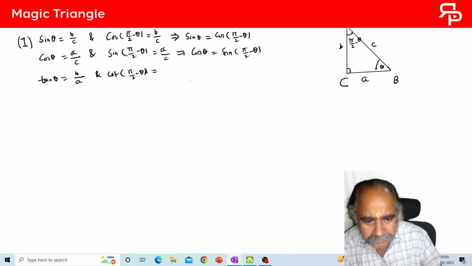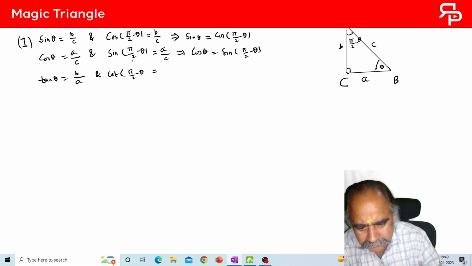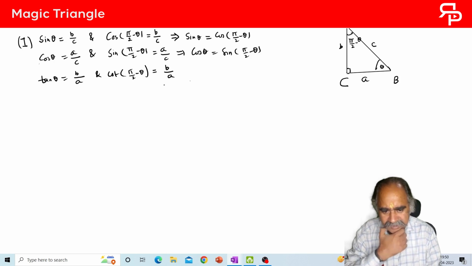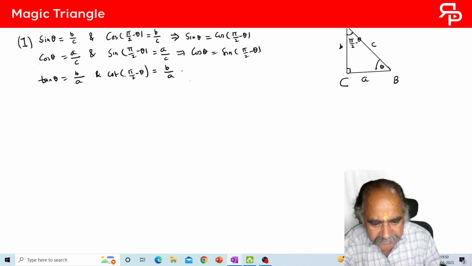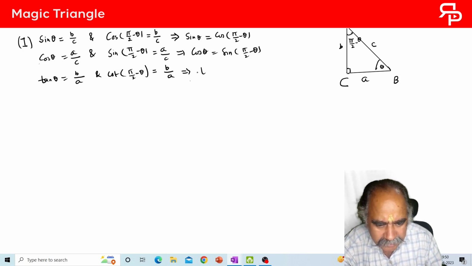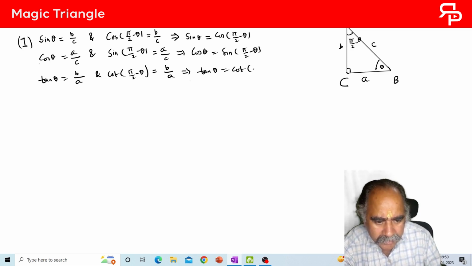Cot is adjacent upon opposite, which is b by a. So both are b by a. So this implies tan theta is cot of pi by 2 minus theta.